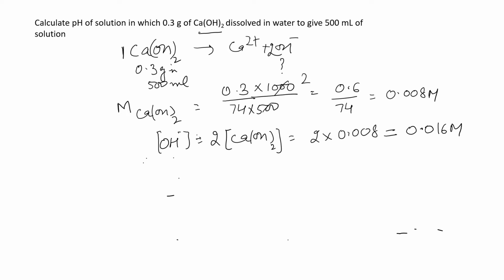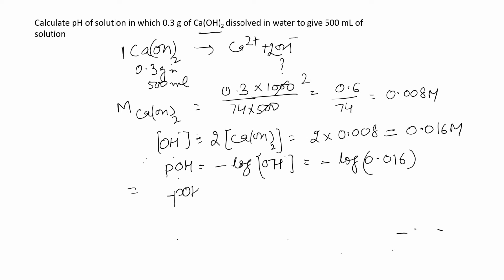0.016 molar. So we will find out pOH, minus log of hydroxyl ion concentration, and this comes out to be minus log of 0.016 molar. We will see the log of this number, and the pOH value comes out to be 1.7959.